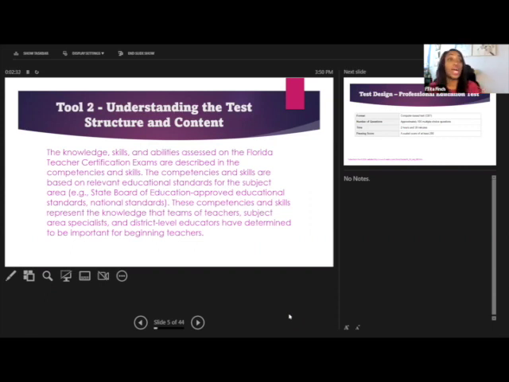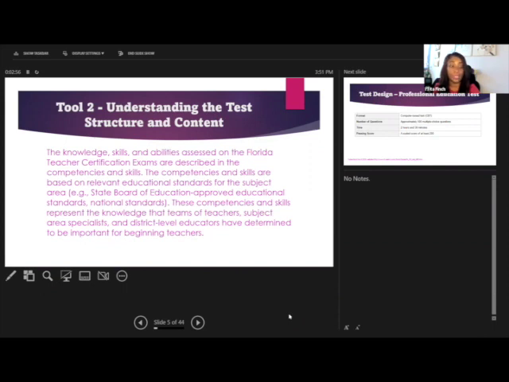Tool number 2, understanding the test structure and content. And I mentioned that briefly when we were looking at the website, and they actually have a section on the website for you to have mastery on the way the test is broken down. The knowledge, skills, and abilities assessed on the Florida Teaching Certificate exams are described in the competencies and skills.